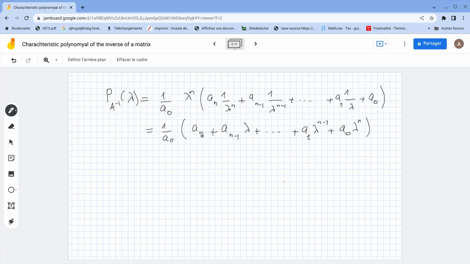So the power is increasing. This is why it's called the reciprocal polynomial, because the coefficients are the same, but the power of lambda is increasing.